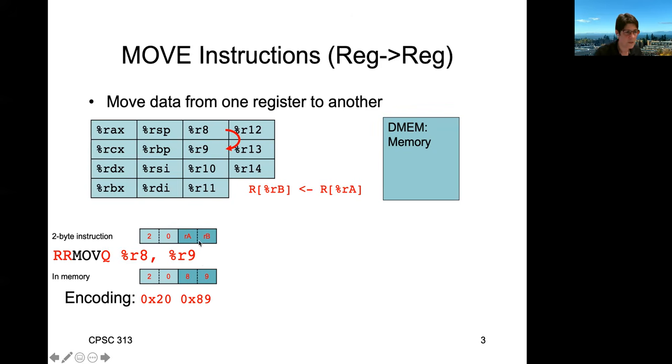So register 8 would be RA, register 9 would be RB, and this would produce the memory representation where one byte contains 2 0, and the next byte contains 8 9. So this is opcode function RA RB. What that says is take the contents of R8 and make it be the contents of R9. Register to register moves are quite common. We use them all the time to move values around.